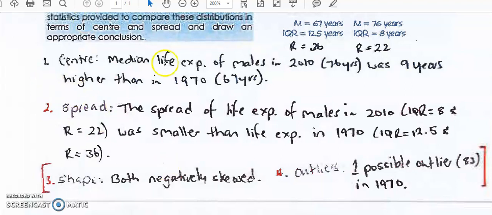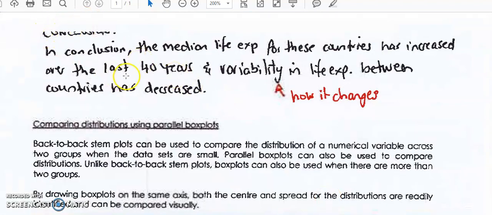But for now, the center and spread are the main things you want to talk about. So to draw a conclusion: the median life expectancy for these countries has increased over the last 40 years, and the variability, that range and IQR we were talking about, so the variability in life expectancy between countries, has decreased.